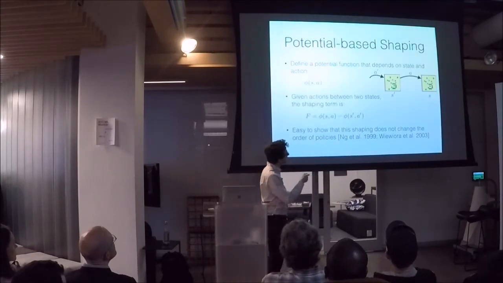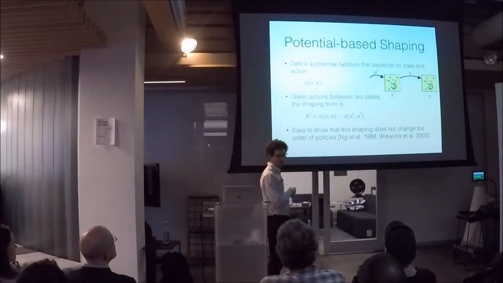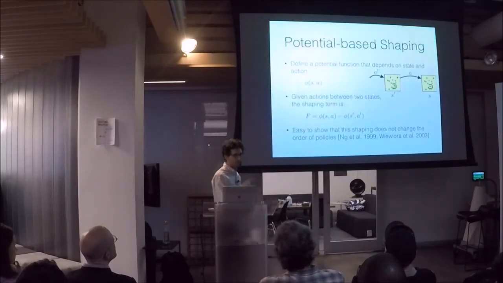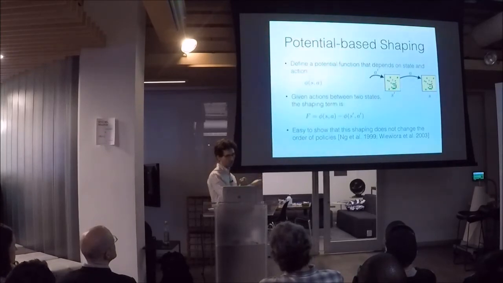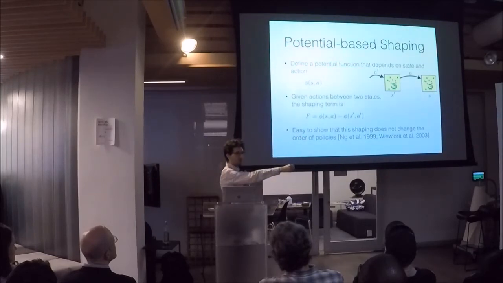So I reach state S prime with action A prime, and now what I'm doing currently is taking action A to get to state S. So the shaping term that I will add to my reward is the difference between the potentials that I had. And for those more familiar with how reinforcement learning works, when you're maximizing the total expected reward, what you're going to get when you sum the total rewards along your execution is this telescopic collapse.